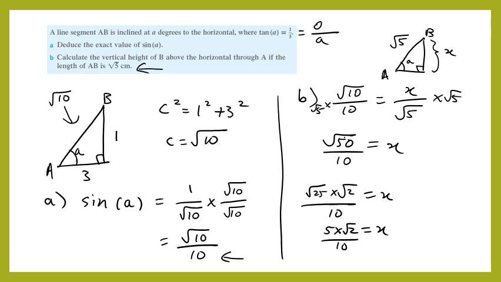Then what can we simplify? The 5 and the 10, right? So we get square root of 2 over 2. That's our exact value. Okay?